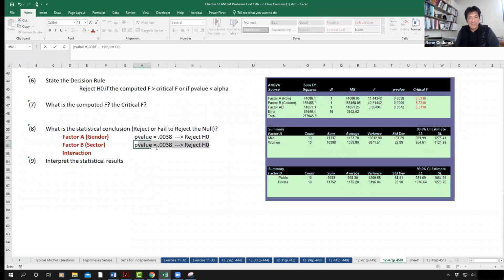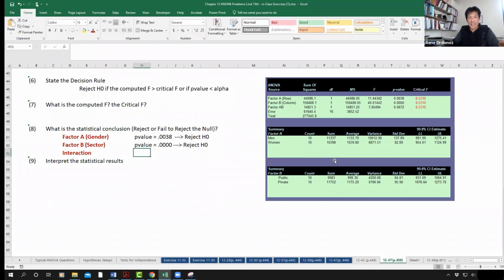And then for factor B, the p-value is equal to, over here, it's not 0, but it's a very small number. So we'll just say 0.000. And the decision rule would be to reject the null hypothesis.